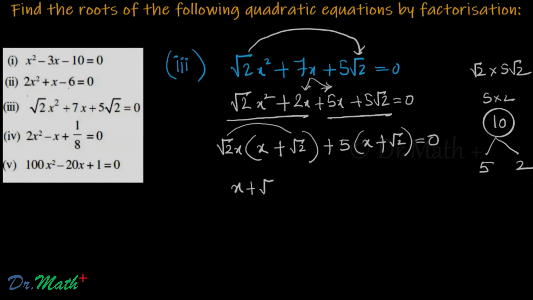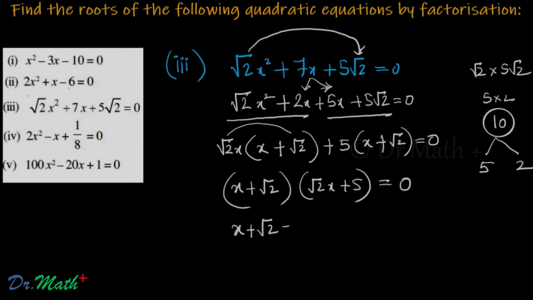Now I can take x plus root 2 common and I'll have root 2x plus 5 left inside the bracket. The product of these two factors is 0. According to null product rule, either x plus root 2 equals 0 or root 2x plus 5 equals 0.